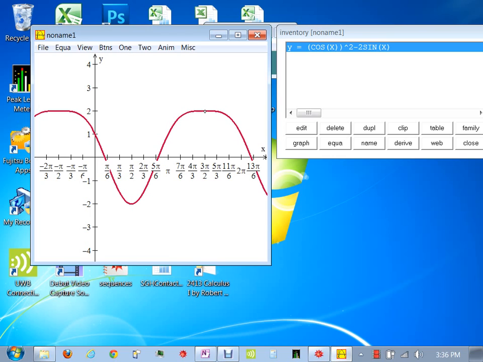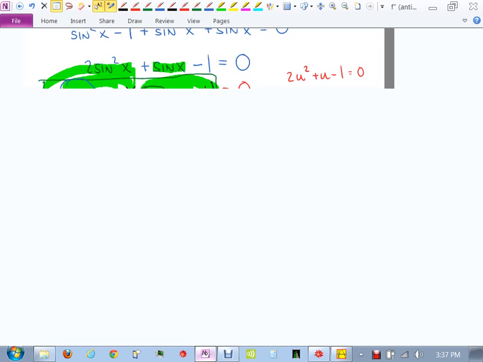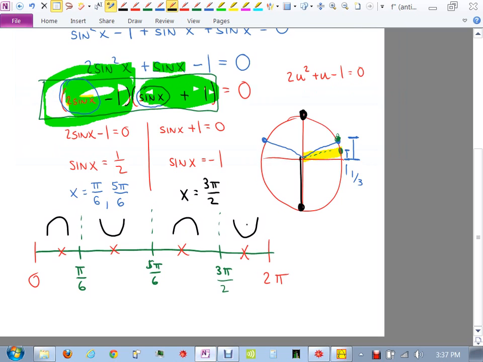Okay, where did we have inflection points? Pi over 6, right here is an inflection point. 5 pi over 6, there's the other inflection point. Where was the other one? Where? 3 pi over 2, right here. Oh, you know what? Hold on a second. We're concave down, concave down. Oh, we went from frown to frown. You know how I just put this right here?